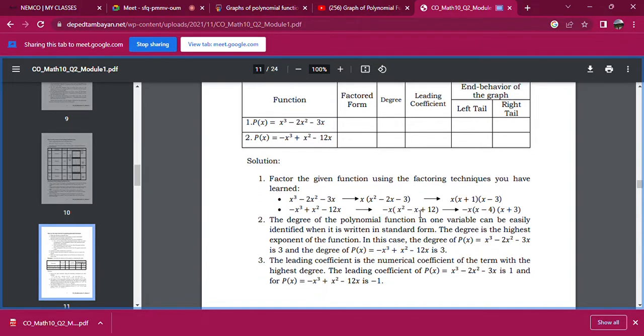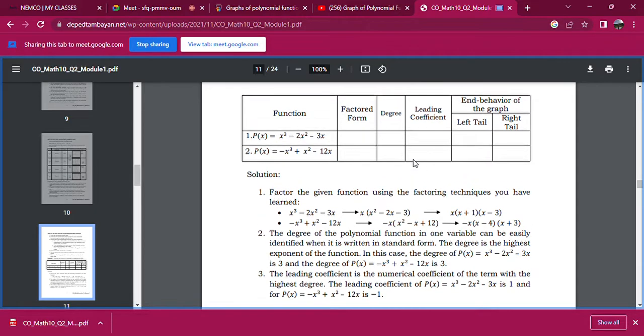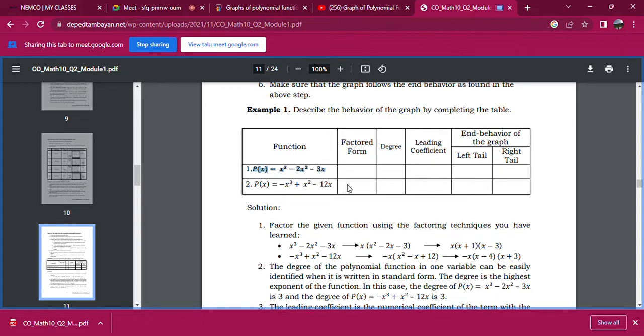So number 3 is for you to identify the leading coefficient. So what is our leading coefficient here? 1, ma'am. Positive 1. And the leading coefficient in number 2 is negative 1. So do not forget that we also have to identify if it is positive or negative. So positive 1, and negative 1 in number 2.